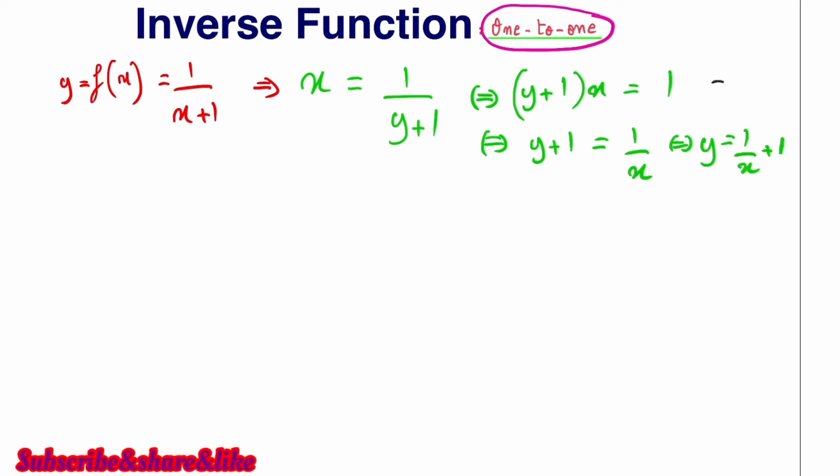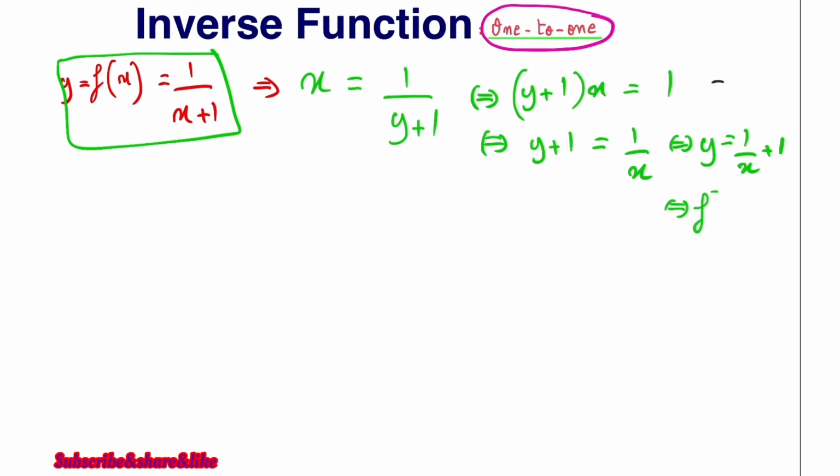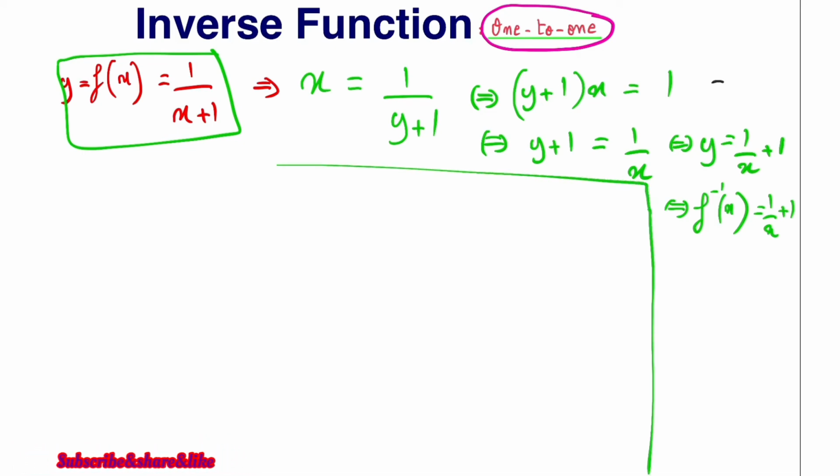So if we have a function like this, the inverse is written f minus 1 of x, which doesn't mean power, just inverse, and it is equal to 1 over x minus 1, and they will always be symmetric. As we said before, it is very easy, just manipulating the algebra, that's it.